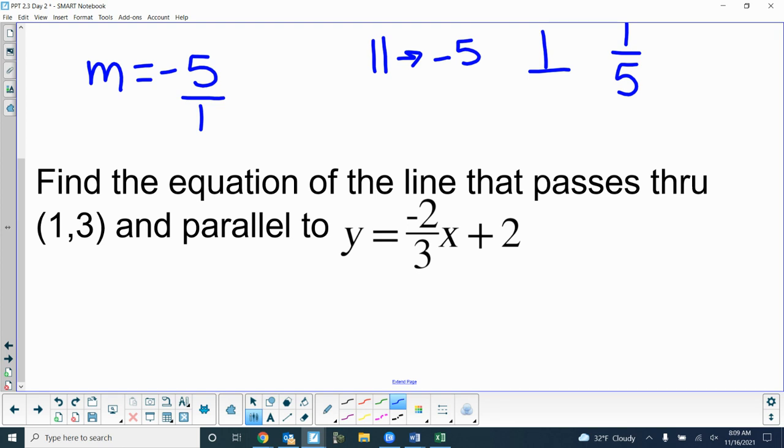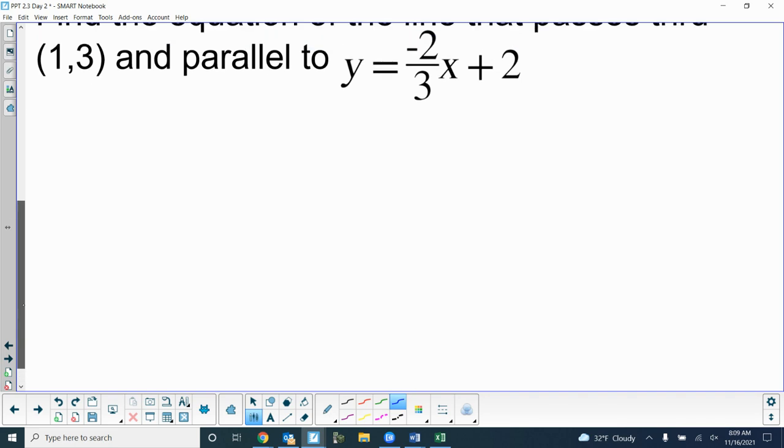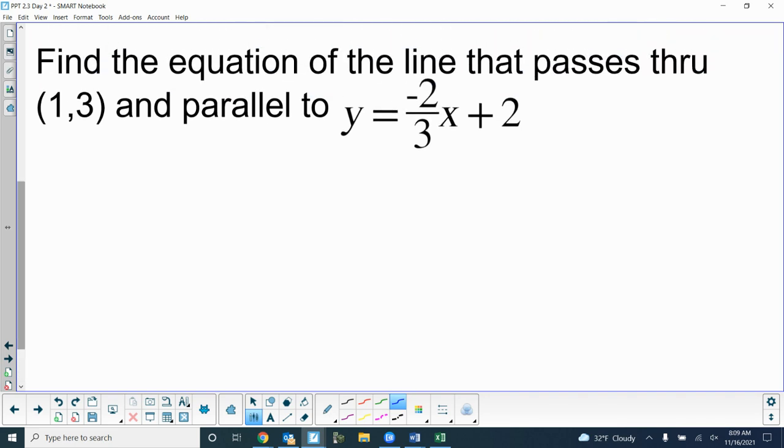If I said perpendicular, you'd use what for slope? +3/2, okay? So it's just like last night. So the equation of the line I'm looking for has this slope, because it said parallel, and then it's going through this point. That's what it's saying. So it's the same type of problem from here as we did last night. Okay? So I can do both ways.